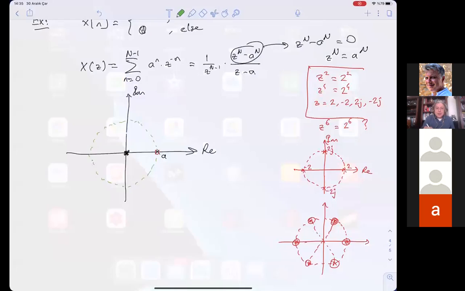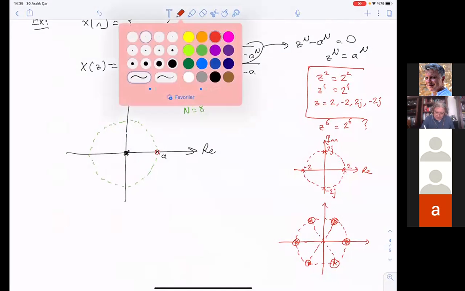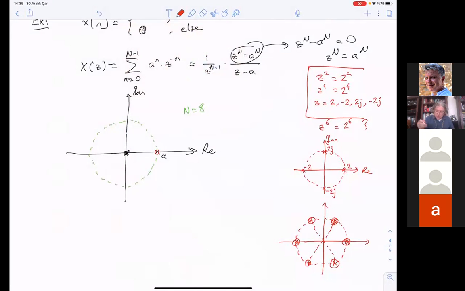Then the zeros, the solutions to z to the n is equal to a to the n, will be at 45 degrees, 90 degrees, here, here, here, here, and here. And one of them will be at z is equal to a, the one that cancels the pole at z is equal to a. The others are the other zeros, okay? So the pole zero pattern essentially looks like this.